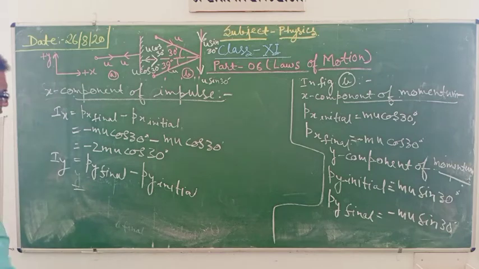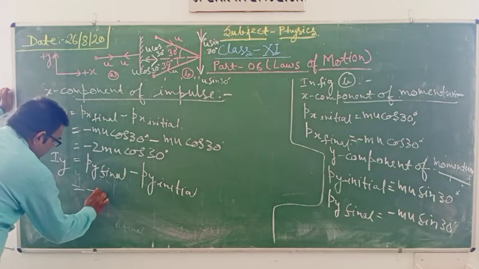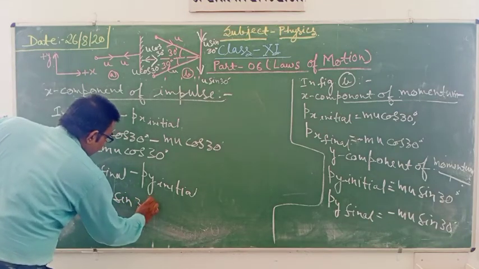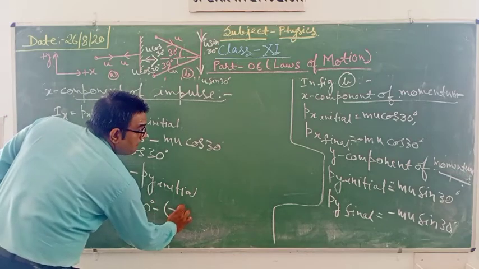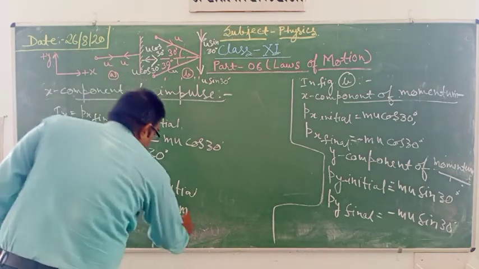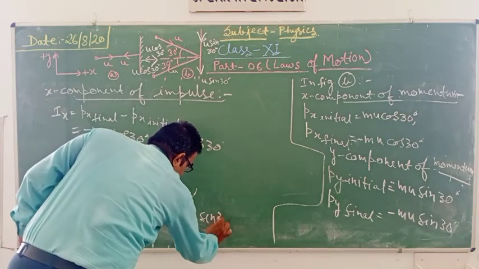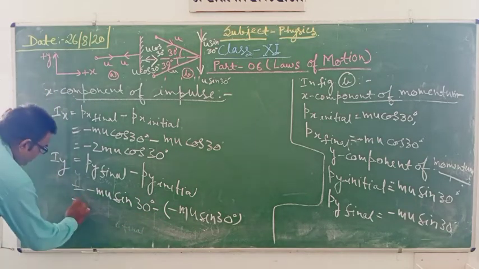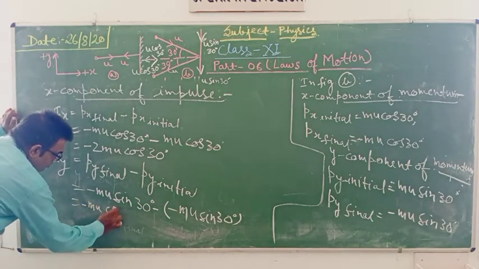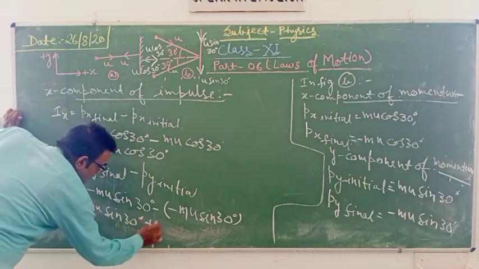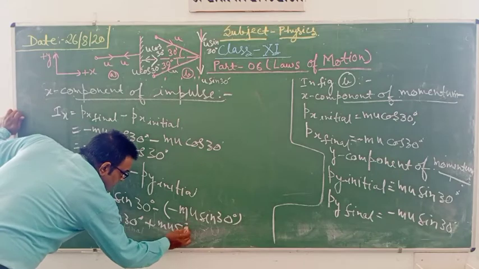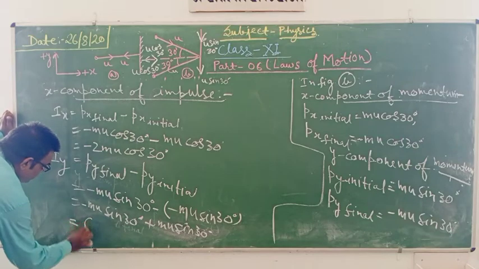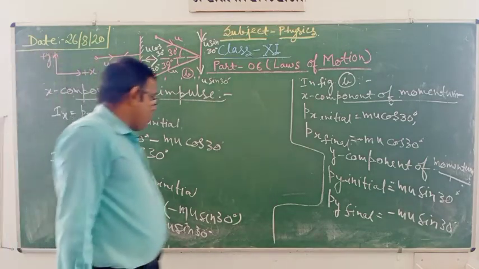And Py final is what? Py final is minus mu sin 30 degree, minus mu sin 30 degree, plus mu sin 30 degree. It will become what? Minus mu sin 30 degree plus mu sin 30 degree, and its value comes to be 0.